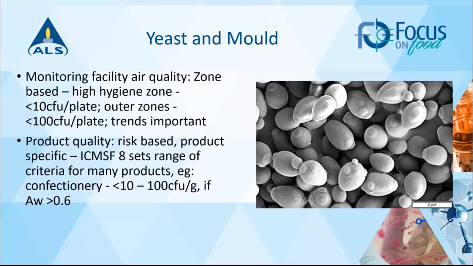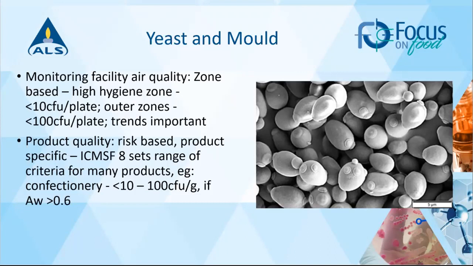So the ICMSF publication, Microorganisms in Foods 8, which is the use of data for assessing process control and product acceptance, is the most complete resource available for microbiological specifications. It's an often complex, excessively technical book, but we have a copy and are happy to share the information contained within it if people need it.